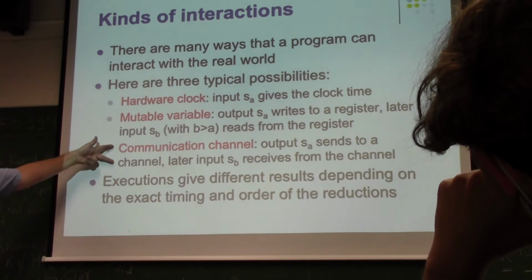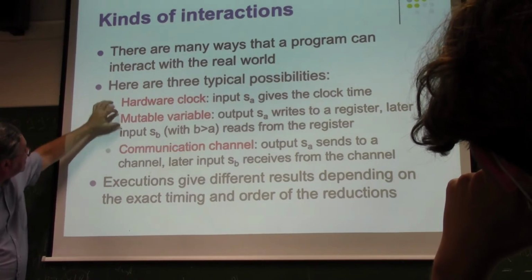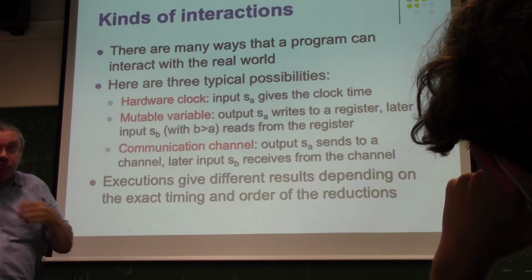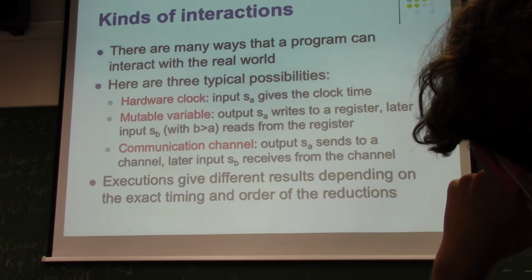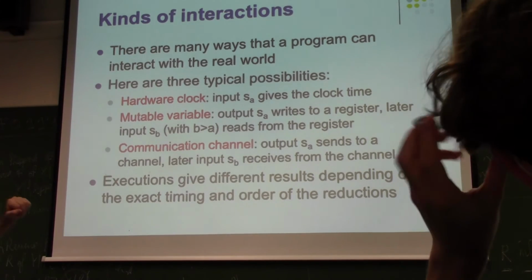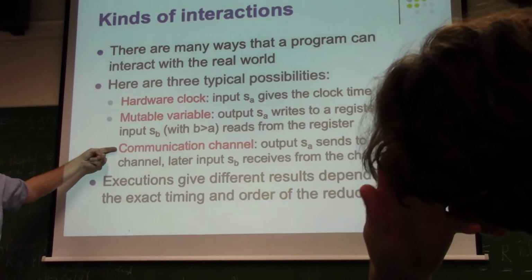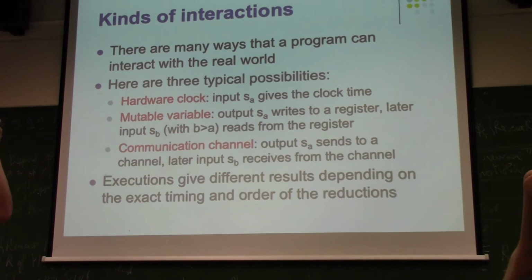So the channel does not lose any information. So that's another way of doing it. These two ways are both reasonable, and many systems will do one or the other. The mutable variable is the Java style, I'll call it. The communication channel is like Erlang style. But both of them are non-declarative.